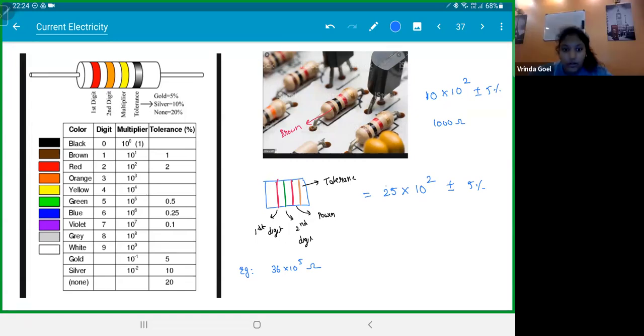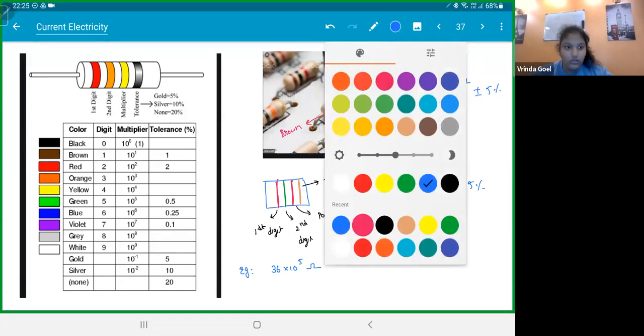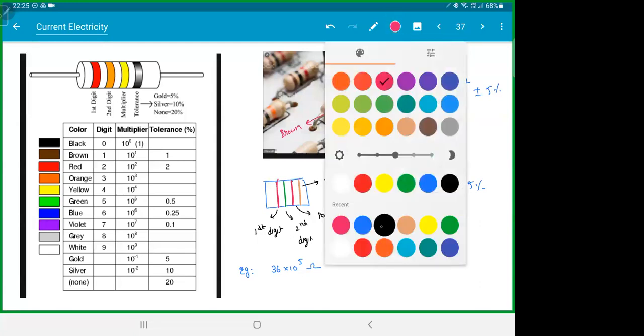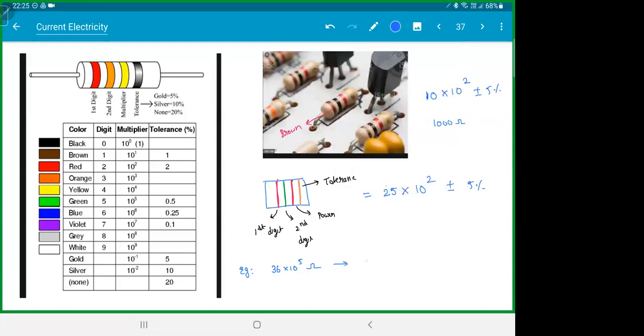Orange, blue, green. The first is 3, so first would be orange. 6 is blue. 5 is green. Then the tolerance. Clear?